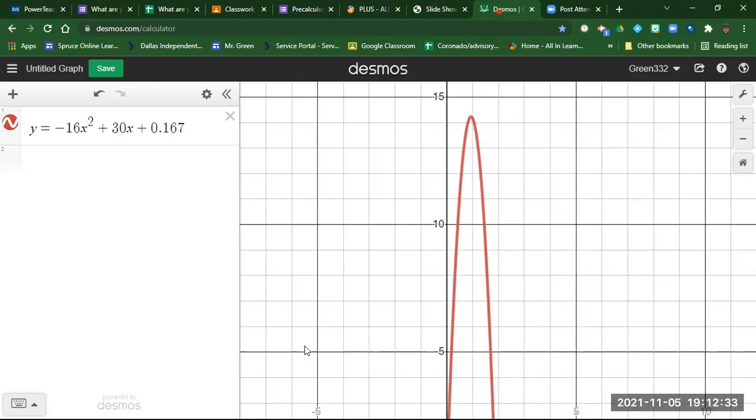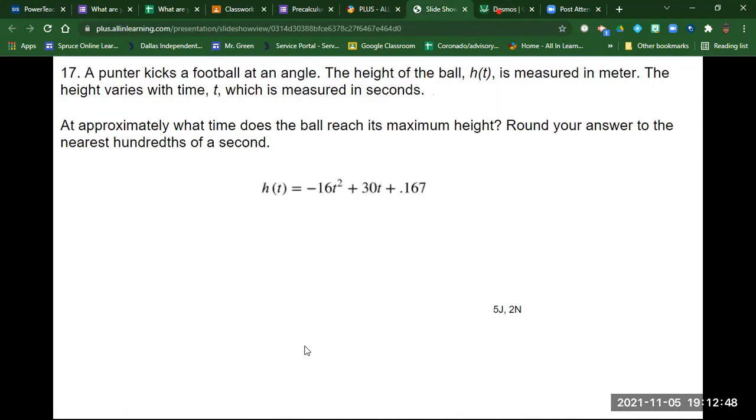Let's find the max. There it is. So 0.49.